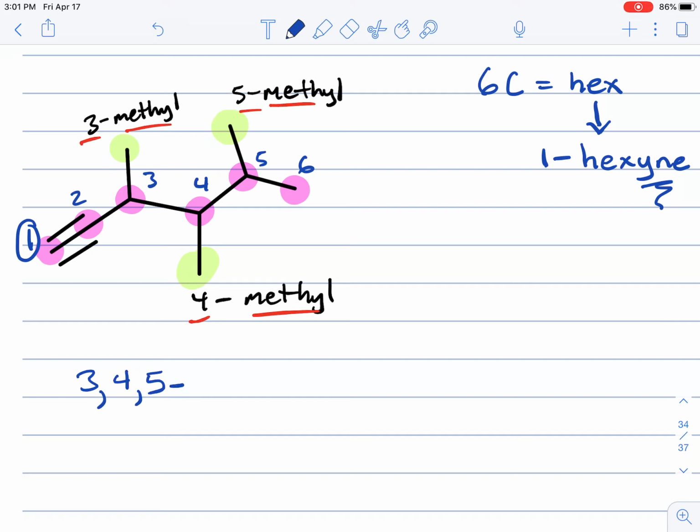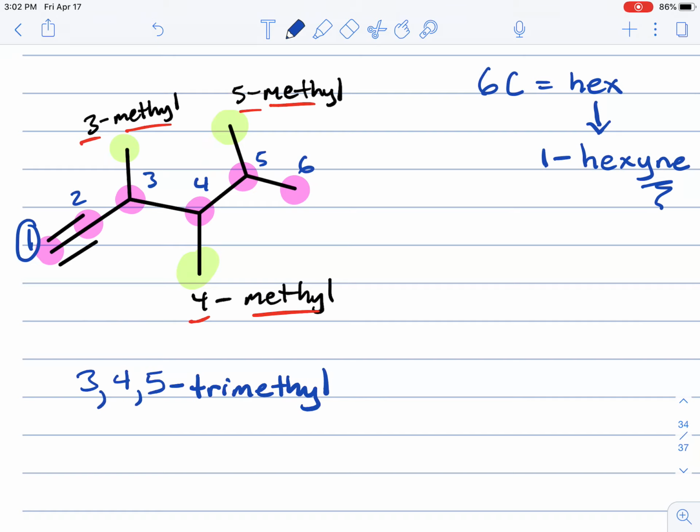And then I need to put a dash. And since I have 3 methyl groups, I need to put in trimethyl. Okay, so 3,4,5-trimethyl, and that will sum up all of the substituents. Okay, notice that they're all the same, so I didn't number which one I'm going to put first, second, or third. I'm just going to clump them all into one.